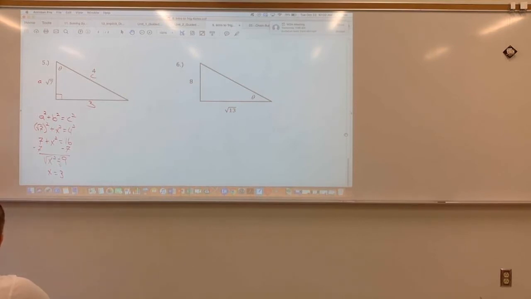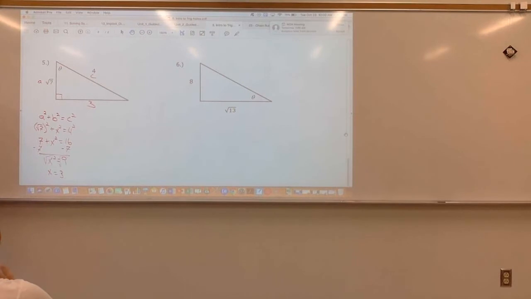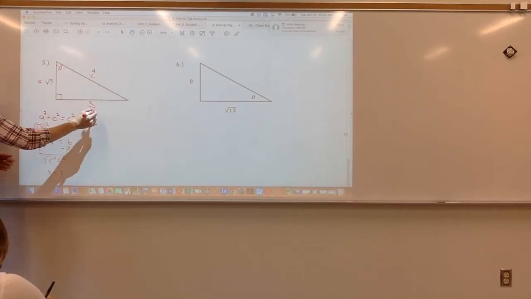This side now we know is 3. And then I can do what I did on my last 4 problems. I can write out my sine, cosine, and tangent now. The first thing I want to do is label the sides.